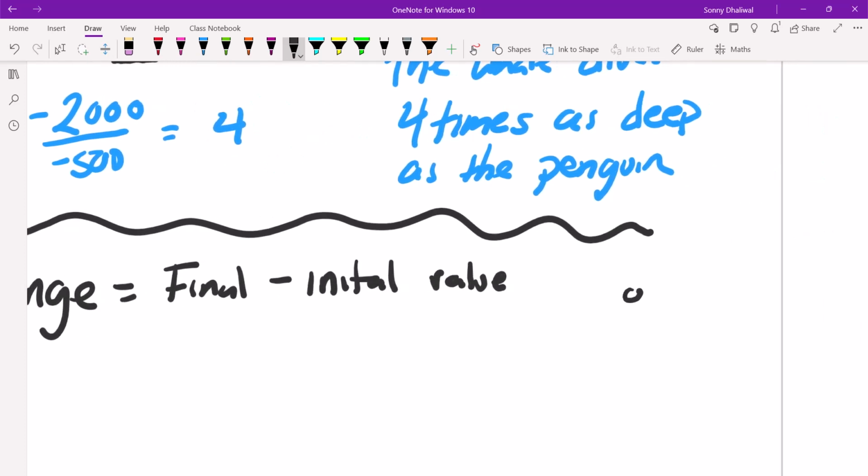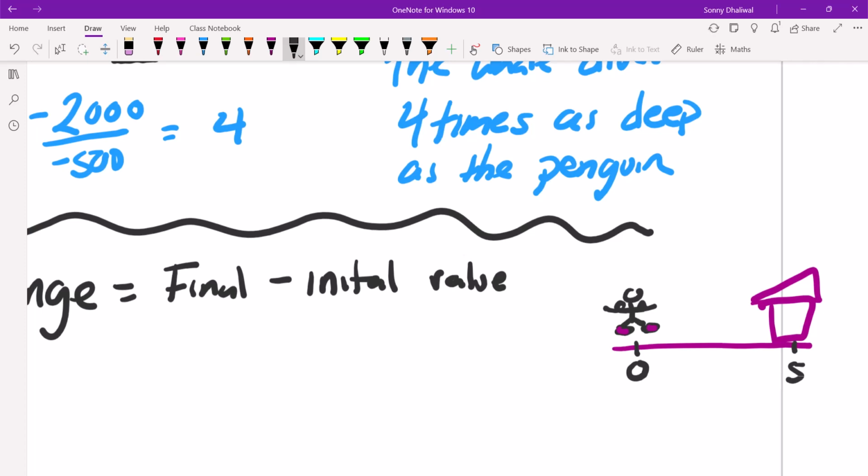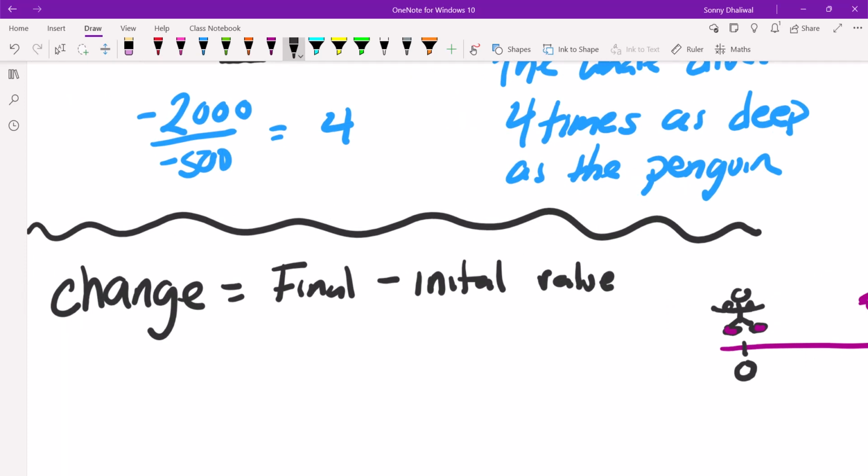So if you draw a little picture of Lucas here with his big muscles and his running shoes on, we'll give him little Nikes, and he's going down to the corner store. He's almost the same size as the corner store. His initial distance here is 0, and that's 5. So he started at 0 and went to 5. So his change is final minus initial, 5 minus 0.